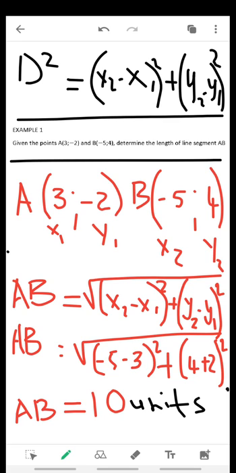But what if I am to square both sides? Remember, d equals the square root of all that. If I'm squaring both sides, then of course on the left hand side I'll be getting d squared equal to, what happens with the square root? If you square it, it is gone. As a result, I'll be left with bracket x2 minus x1 all squared plus y2 minus y1 all squared.